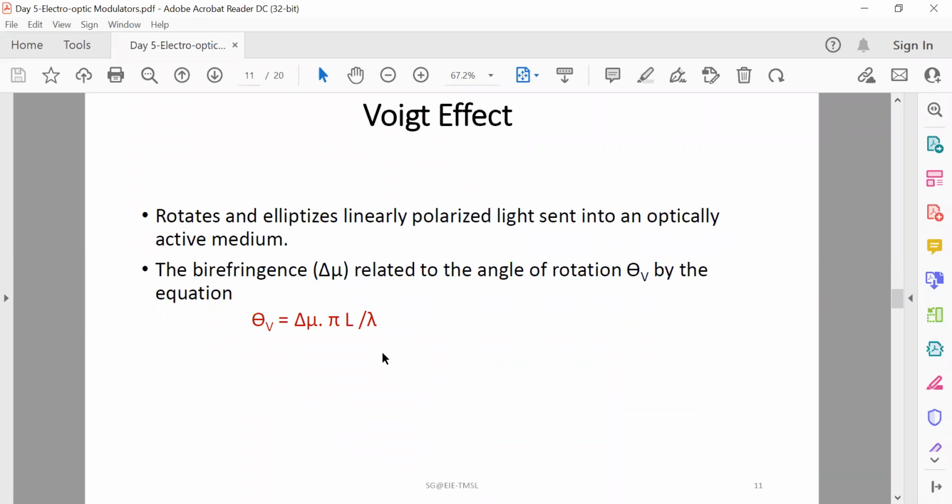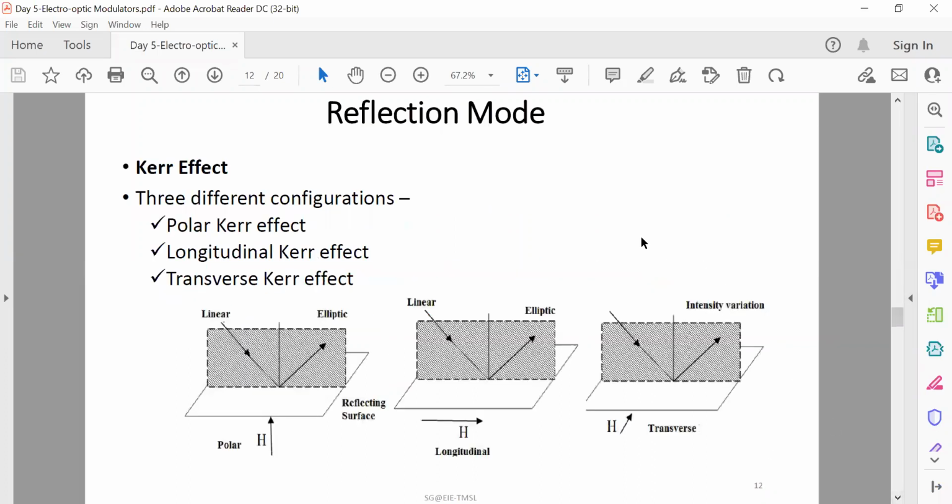Okay, the same type of effect can be observed in liquids, but that effect is called the Cotton-Mouton effect, which will not be discussed here. Now in reflection mode, the Kerr effect is observed, and it deals with the reflected light from the surface of a magnetized material.